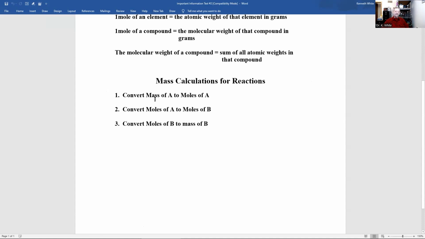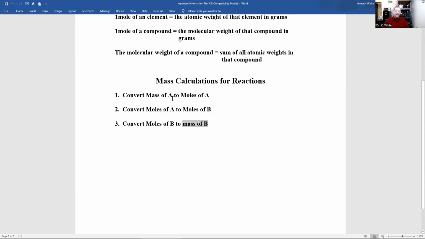Step 1, convert the mass of A to moles of A. Remember, mass means grams. Then in step 2, the moles of A you just calculated, use here to convert to moles of B. And now in step 3, the moles of B you calculated in step 2, you use to calculate the mass of B. Now, what's A?